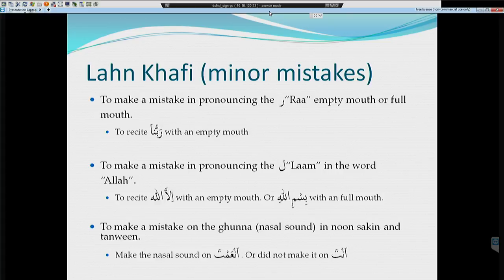But in ikhfa, you're not supposed to do it before one of the huruf halqi, the throat letters. Ayn is one of the throat letters, so you're not supposed to do ikhfa before one of those letters. Or when you're saying the word anta, which means you, you say it with ikhfa, the nasal sound.